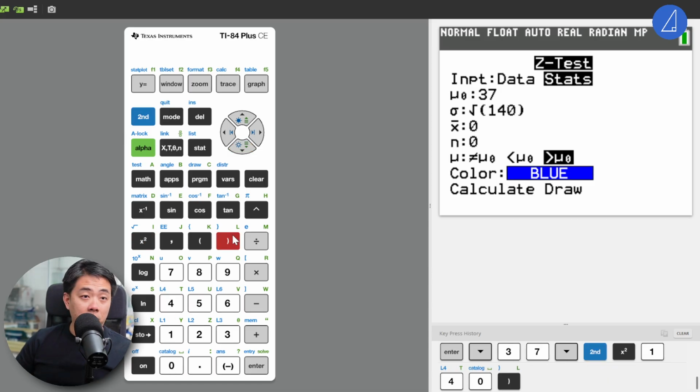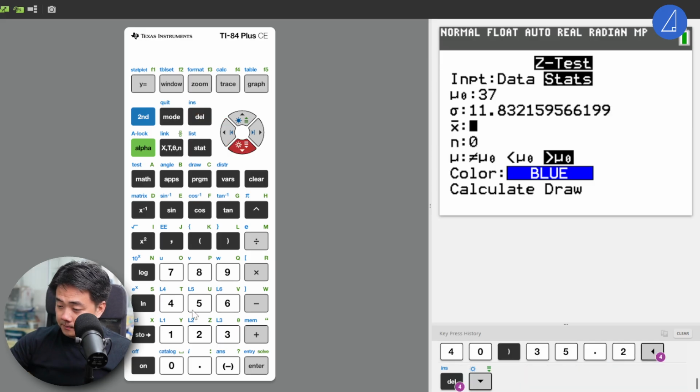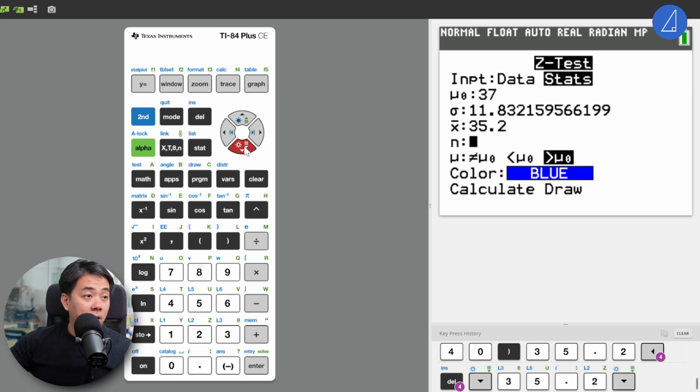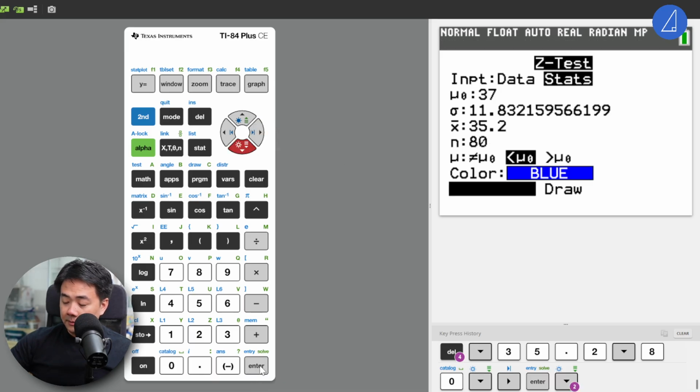Then x bar now, because you're given 35.2, x bar is 35.2. So put this as 35.2. Then the n would be 80. Okay, then your alternative should be less than. You can calculate. That's all.